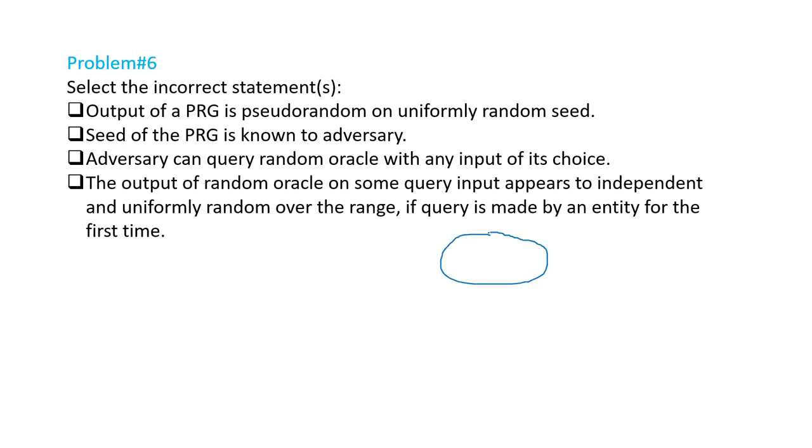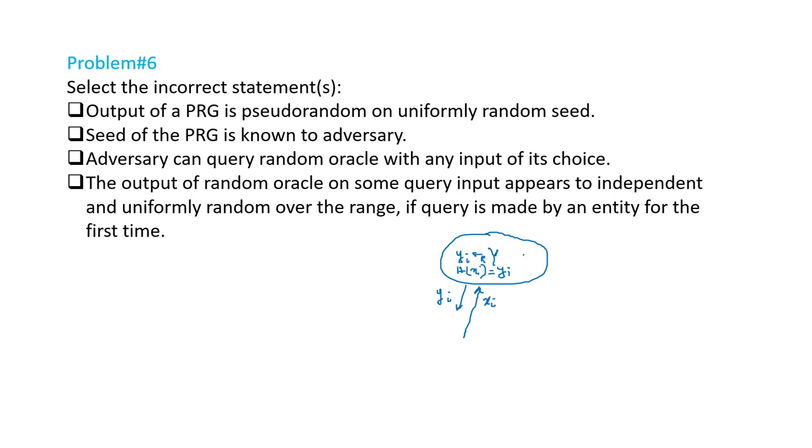Whenever some entity is querying the oracle with some input xi, you can assume the functionality of the random oracle is such that yi is sampled uniformly at random from the output space, and it assigns the value yi as h of xi and returns yi.